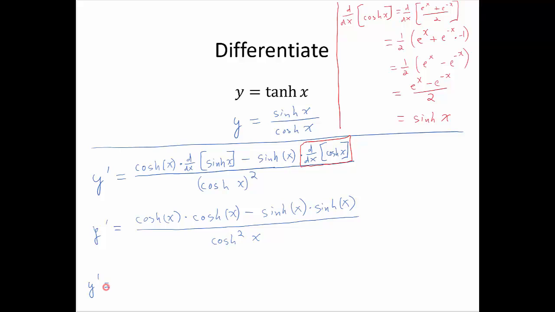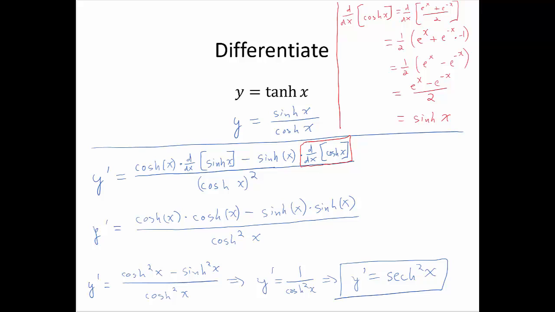So then y prime is hyperbolic cosine square x minus hyperbolic sine square x over hyperbolic cosine square x. And now we use one of our identities back from a previous slide. Hyperbolic cosine square minus hyperbolic sine square is the equivalent to the Pythagorean identity for traditional trigonometry. And so that then yields 1 over hyperbolic cosine square x. And so then y prime is hyperbolic secant square x.